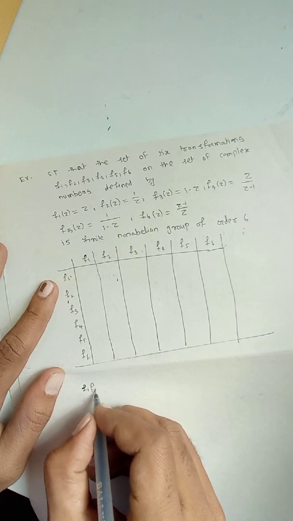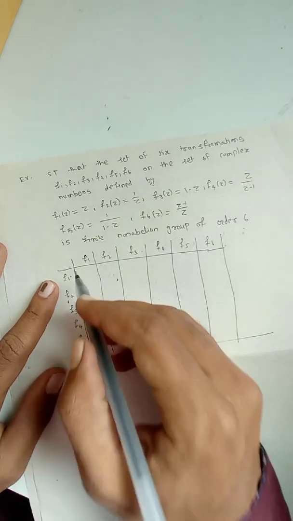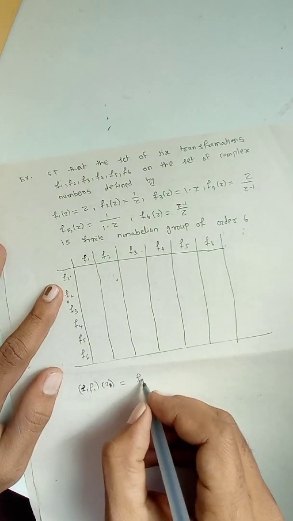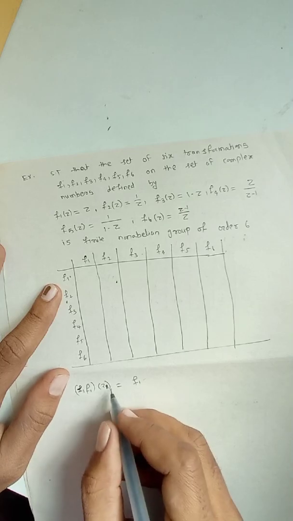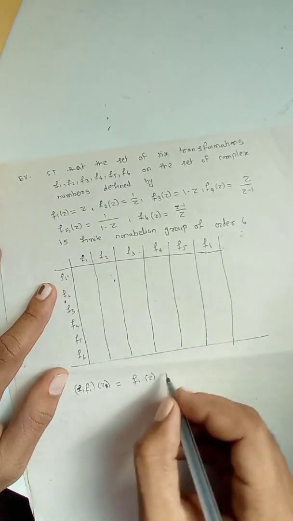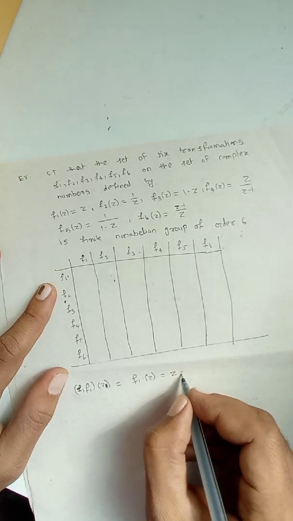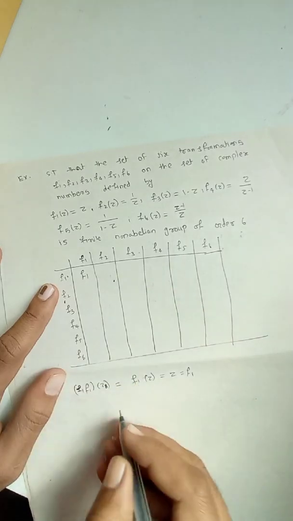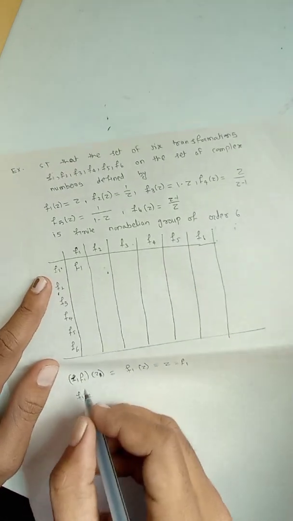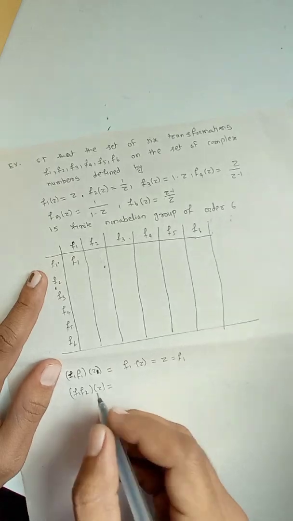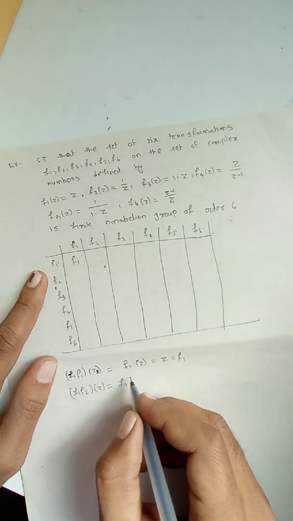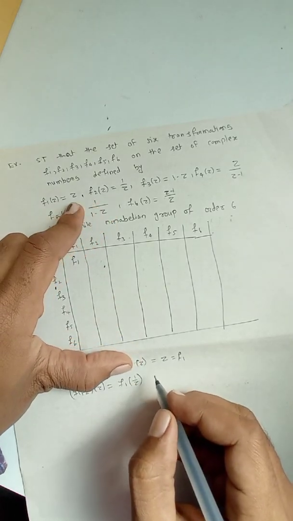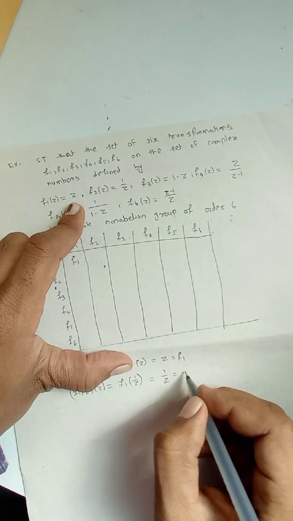f1 composed with f1 of z is equal to f1 of z, which is z, so it is equal to f1. Now f1 f2 of z is equal to f1 of f2 of z. f2 of z is 1 by z, and f1 of 1 by z is 1 by z, so it is equal to f2.